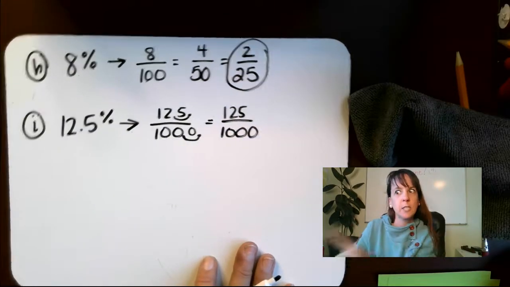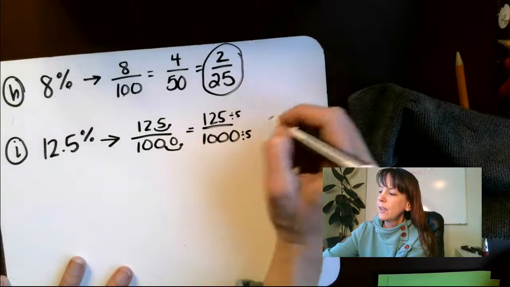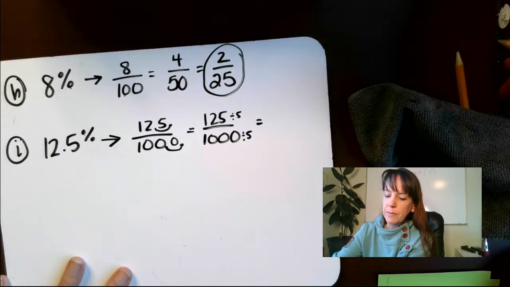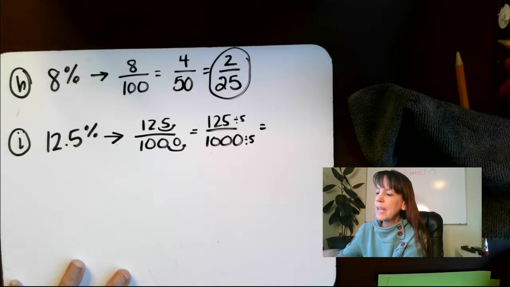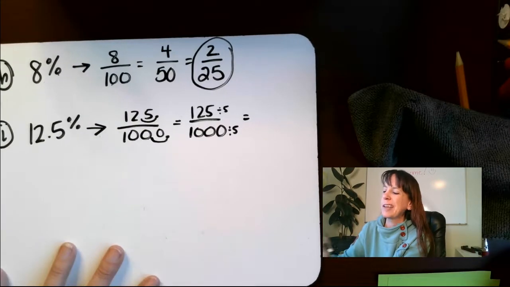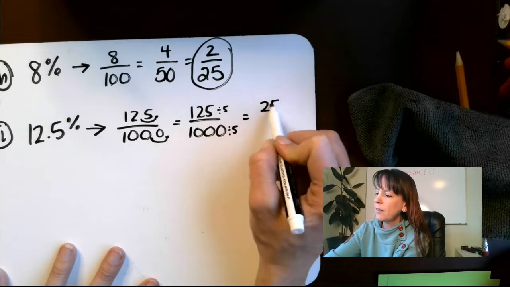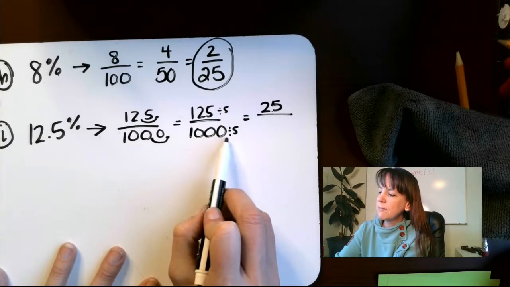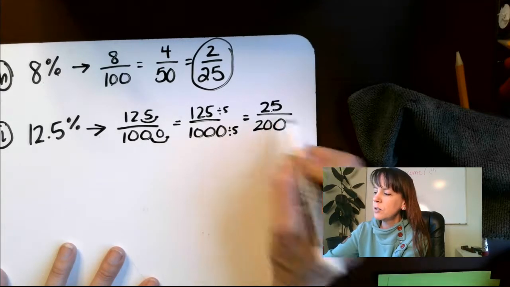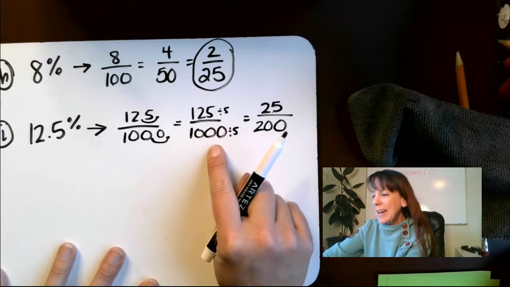But it's a fraction and you have to reduce it. Divide by 5, divide by 5. 125 divided by 5 gives me 25, because if you have 5 quarters, you have $1.25. 1,000 divided by 5 gives me 200, because 10 divided by 5 is 2, 100 divided by 5 is 20, and 1,000 divided by 5 is 200.